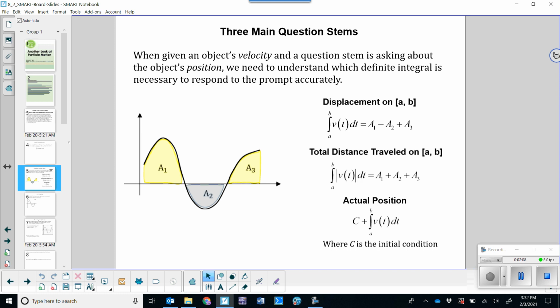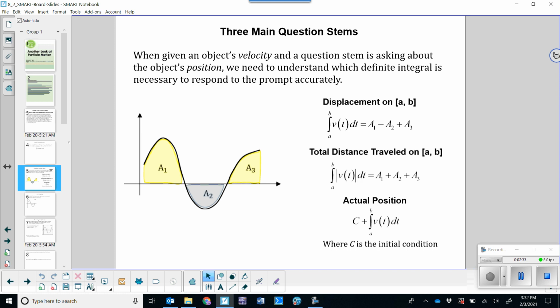This is a very, very common question on the AP test, and so it's really good for you to understand how to connect all those things. So just a strong suggestion, from the 3 main question stems down, you could scan that and make a page about particle motion, questions about velocity graphs, something like that. And that would be a really good thing.